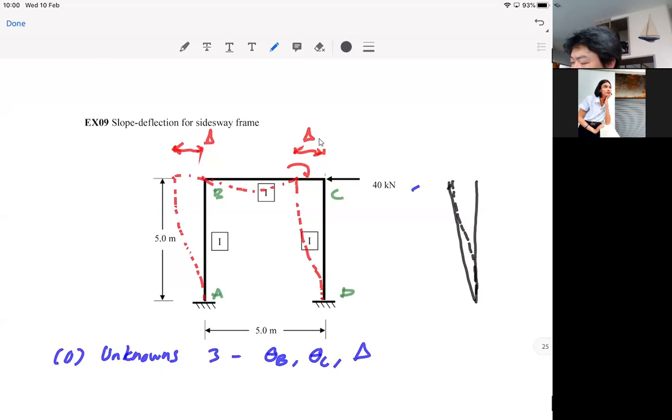The angle that we use to calculate the moment in the slope deflection equation is this psi angle. You can see from this picture that theta is not psi. Theta is the rotation of the joint. Psi is the rotation of the member. In this case, psi is equal to delta over L.